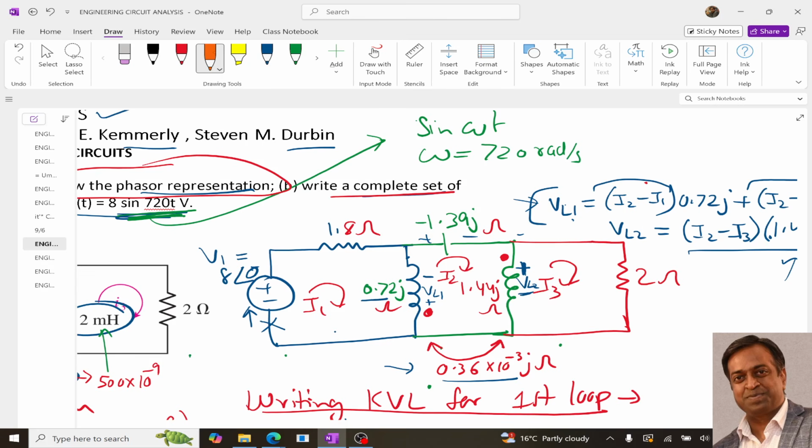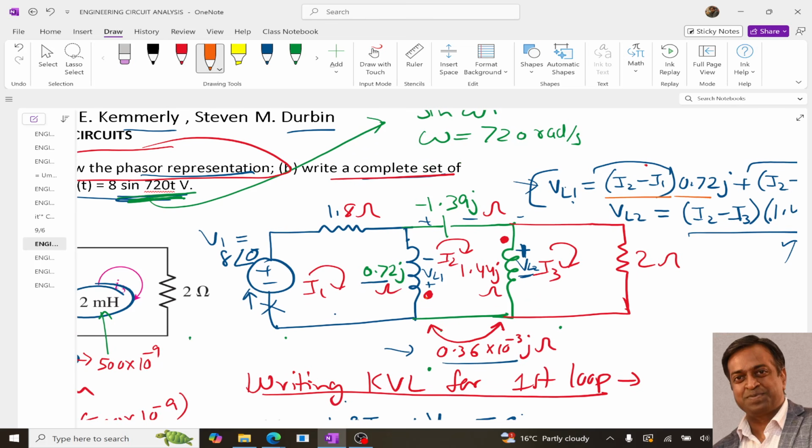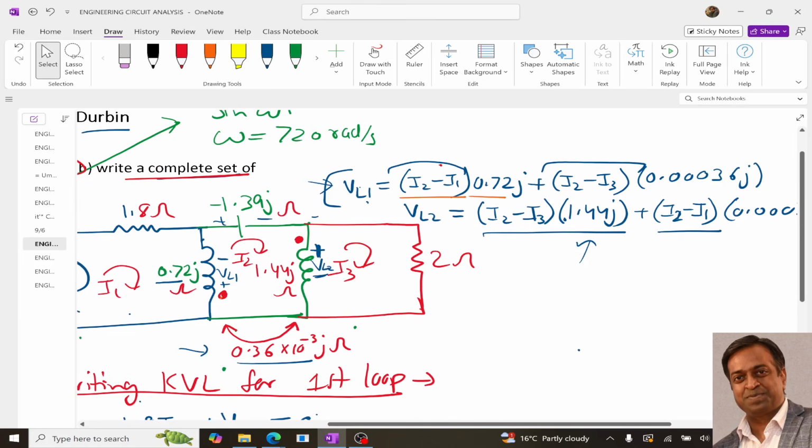Now VL1 is positive over here, so to get a positive we get I2 minus I1, it is correct, 0.72 J. Then the mutual inductance, just 0.72, yes, and then I2 minus I3, yes, it is correct. Then this 1.4 J, it is correct, right.